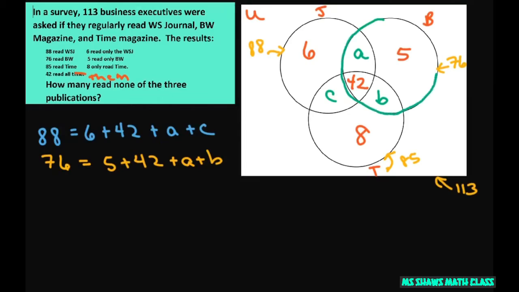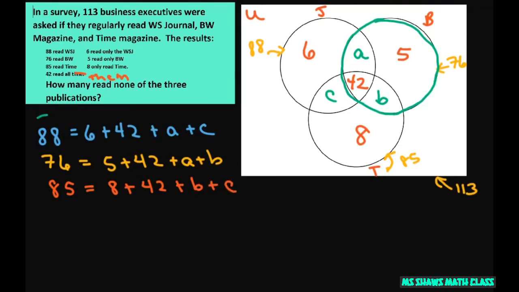That's your total Business Week. For the Times, we have 85 equals 8 plus 42 plus B plus C.